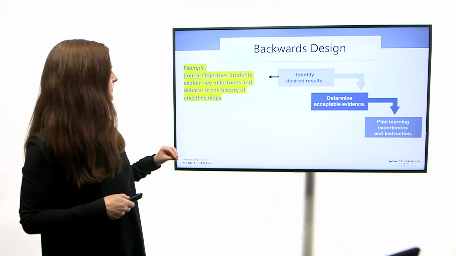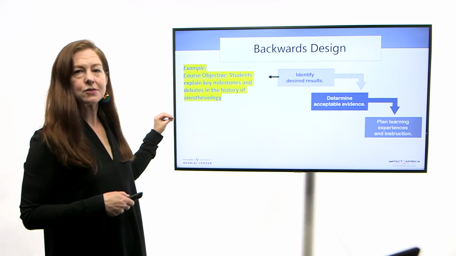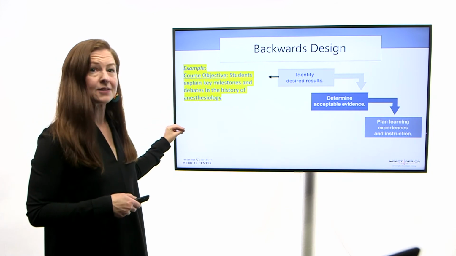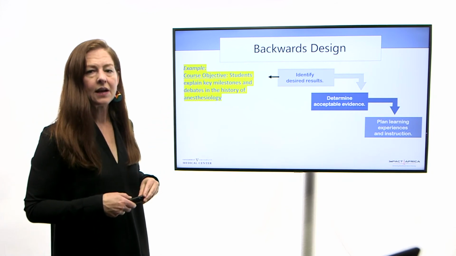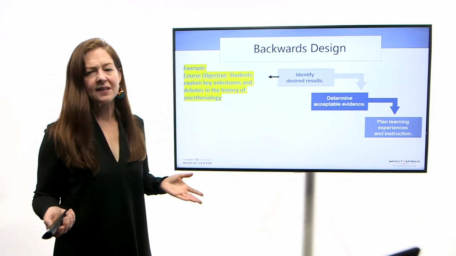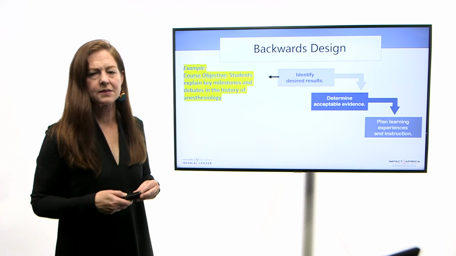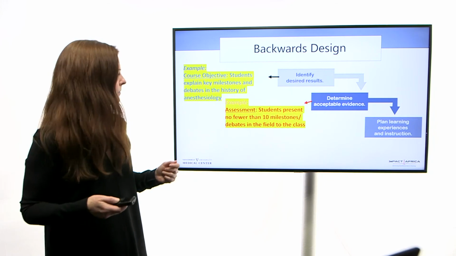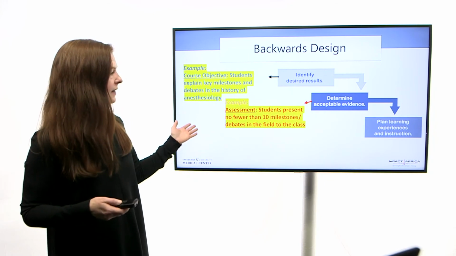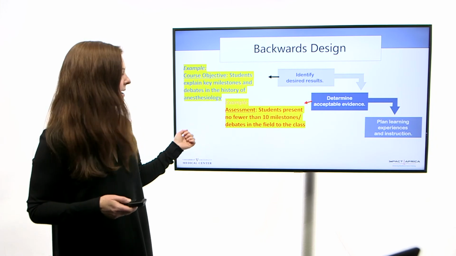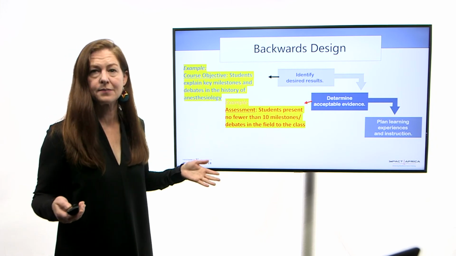So if our example course objective is that students explain key milestones and debates in the history of anesthesiology, what information will tell us that we've reached this objective, that our learners have mastered this? So here's one example. Your assessment could be that students present no fewer than 10 milestones or debates in the field to the class.